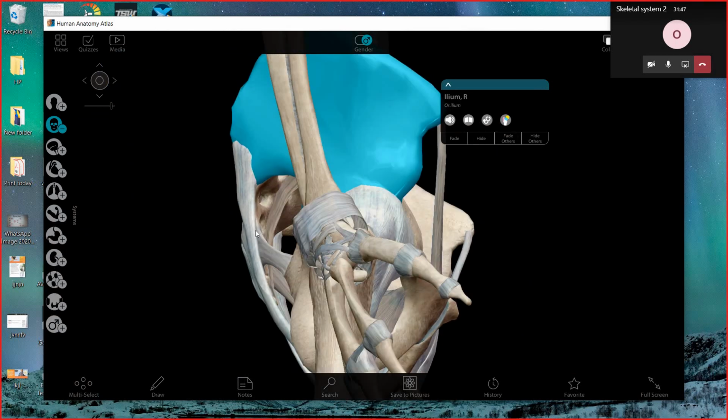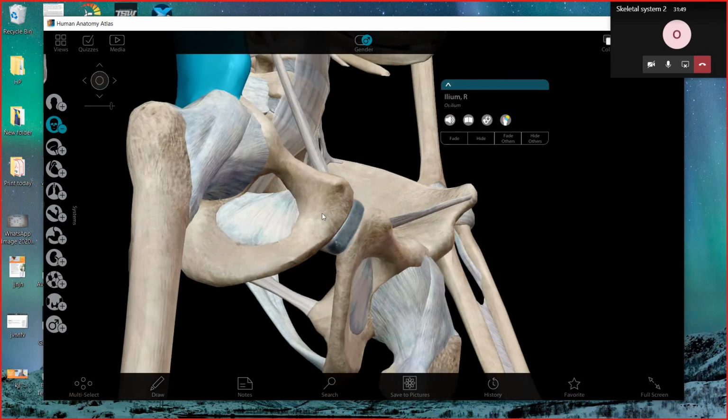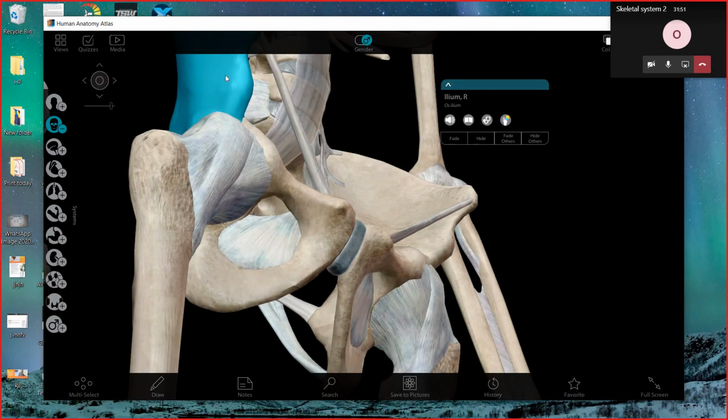Look here, because this is the same as the shoulder joint. The pelvis, the pubis bone, and the bone of the leg, which is called femur, these three bones make up this joint, which is called the pelvic joint.